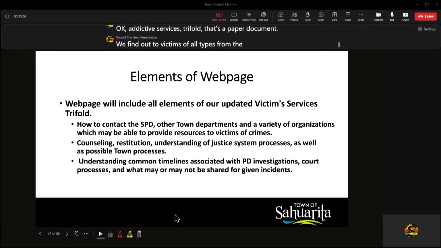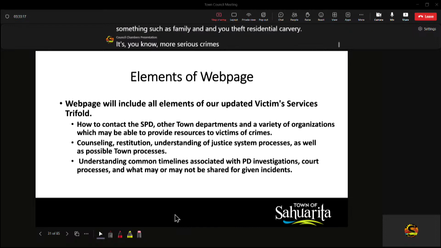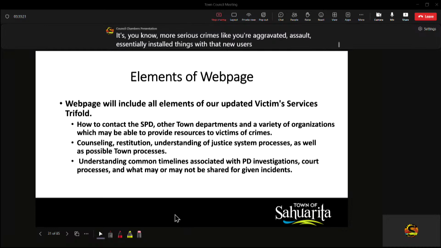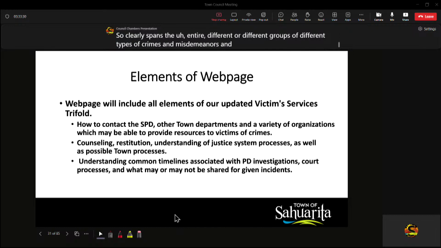Somebody that has been a victim of something such as vandalism, petty theft, residential burglary, or more serious crimes such as aggravated assault, sexual assault, things of that nature. So it clearly spans the entire different groups of different types of crimes, misdemeanors and felonies.